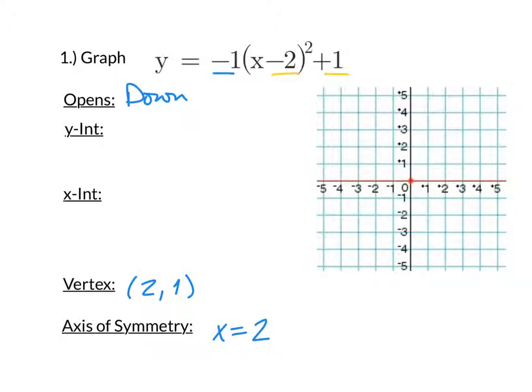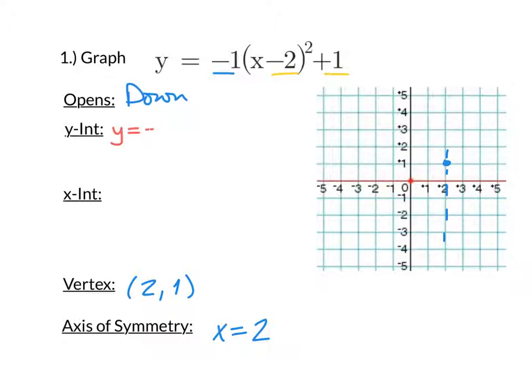So far, I have the point (2, 1), and that the parabola is going to open down with an axis of symmetry passing through x equals 2. Now, to find the y-intercept and the x-intercept, what we have to do is let the other one equal 0. When I want to find the y-intercept, I let x equal 0.